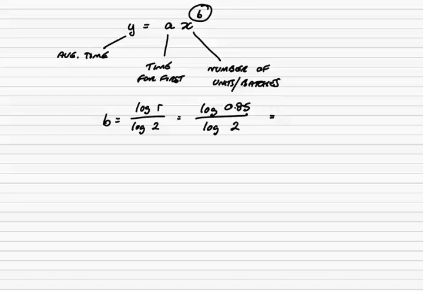It depends which calculator you've got. So if you need, I'm afraid you're going to have to look up your instruction booklet. But on my calculator, all I do is this. Log of 0.85, I put 0.85, I've got a button that says log on it. I press that, and I get minus 0.070581.